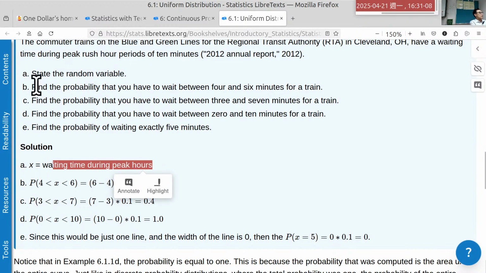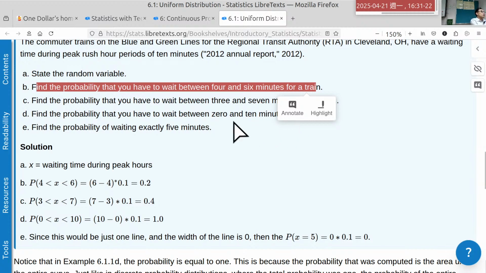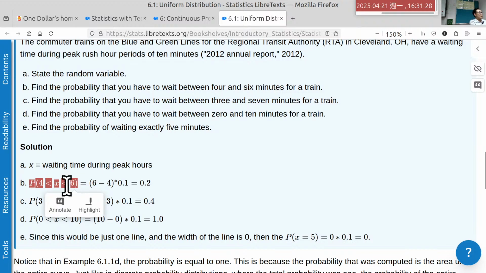Question B, find the probability that you have to wait between 4 and 6 minutes for a train. The probability is that X, the waiting time, is larger than 4 minutes and smaller than 6 minutes, and we can find the area.